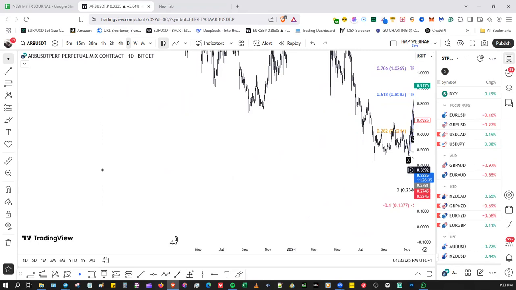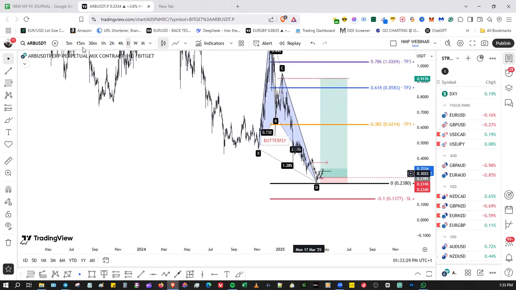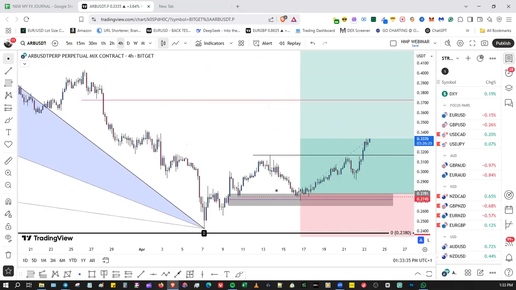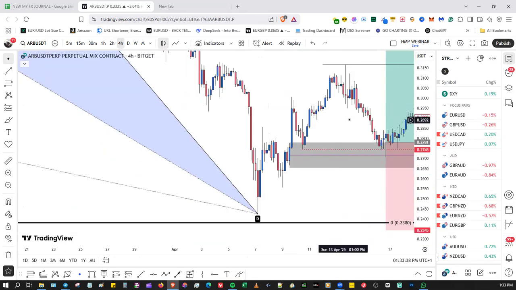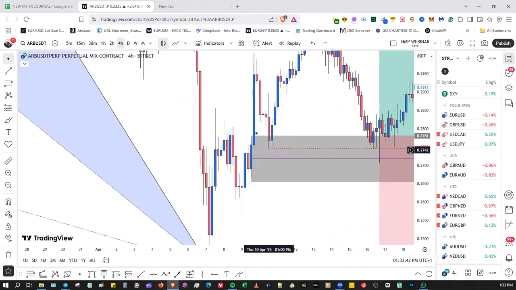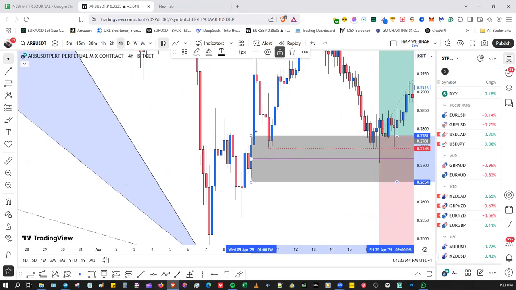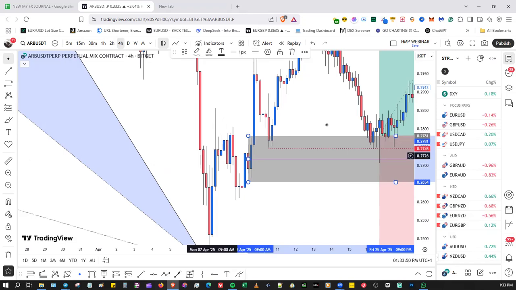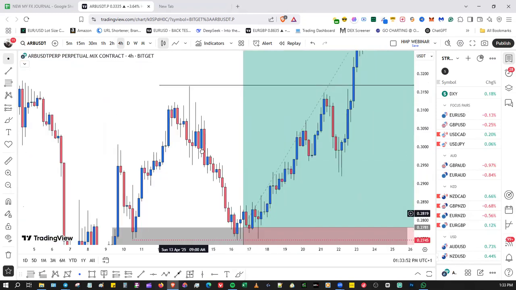But let's see what happened here. You can see what the price did. Price took out the inducement liquidity and then tapped into this key level. You can see what is happening here.